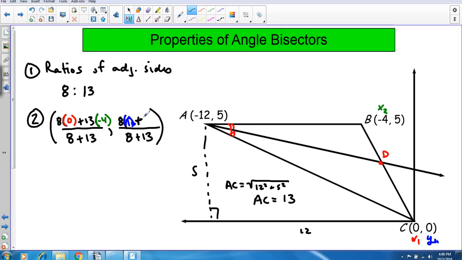Hopefully it won't continue. And then here's my y2 up here. And we're going to multiply that by 13. So 13 times whatever my y2 is, and it happens to be 5.